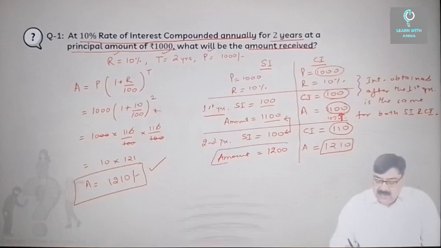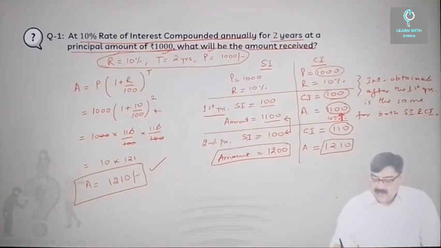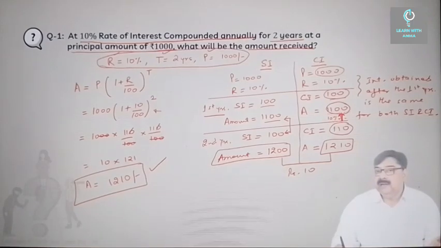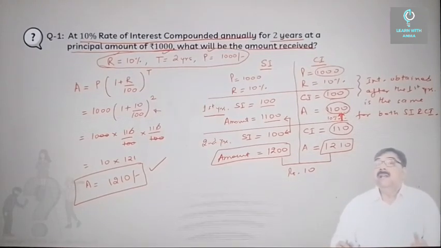You also see that at the end of 2 years, for all the information provided to us, the difference between the simple interest and compound interest is rupees 10. So you end up paying more interest if it is compounded annually, or else if you have invested at compound interest, your money grows much faster as compared to simple interest.